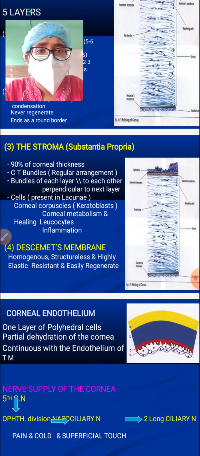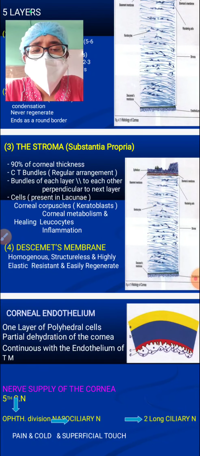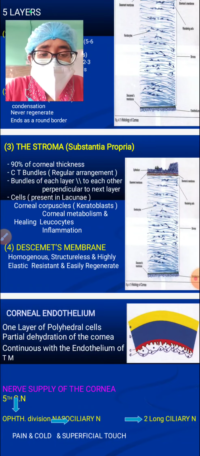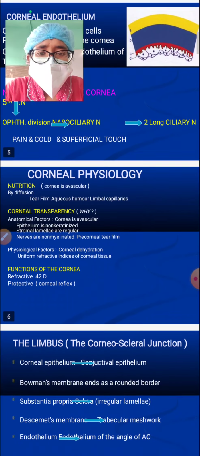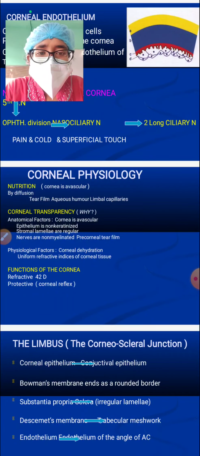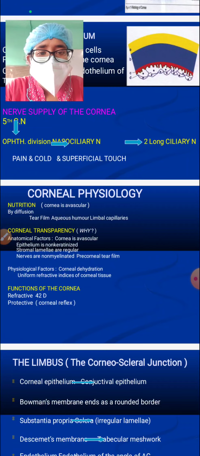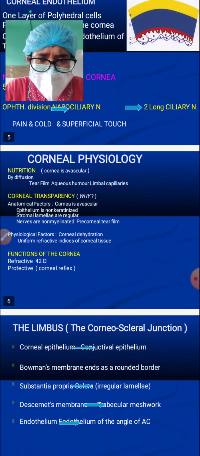The aqueous humor cannot percolate on its own; it requires an active process of the endothelium. That active process is maintained by the pump system present in the endothelium. All this helps in the proper transparency maintenance of the cornea. Next, I've already discussed corneal physiology to some extent.